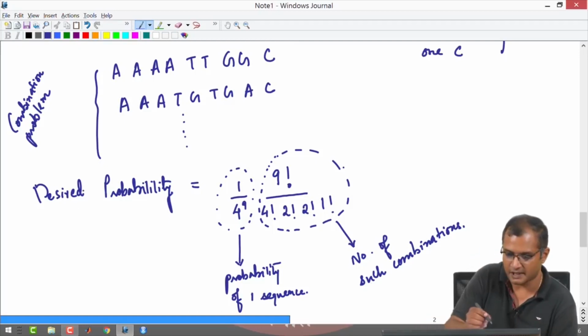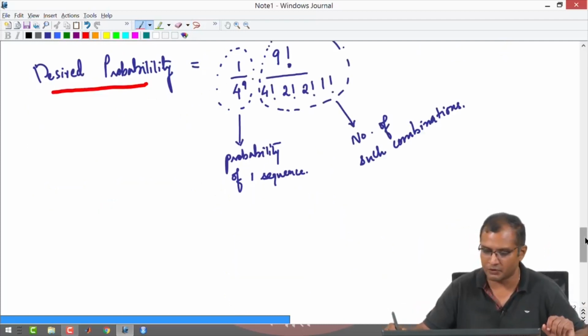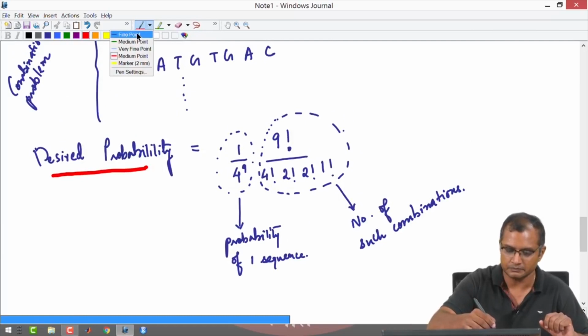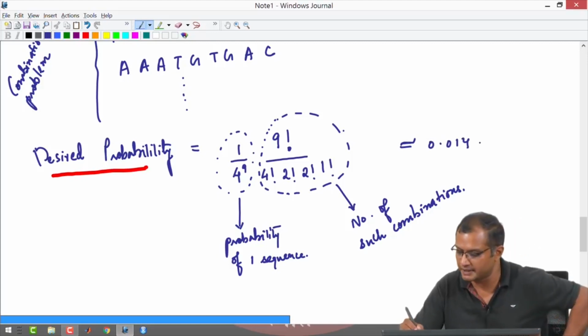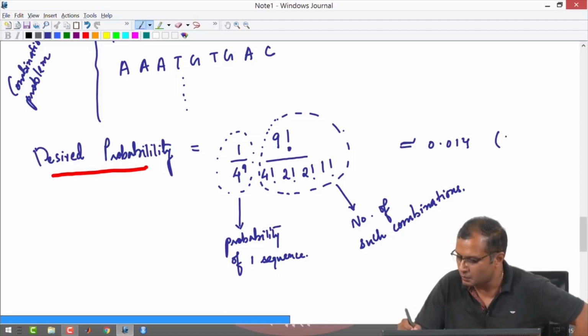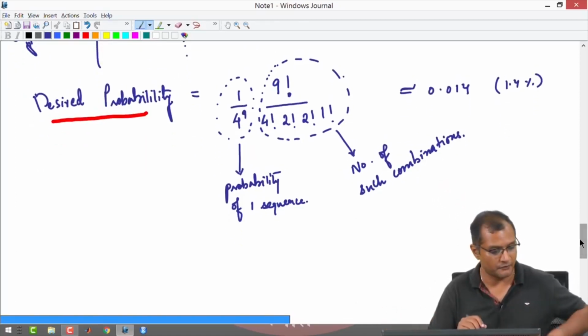That gives us the desired probability. Okay, that's your answer. If you work it out, it would come out to be around 0.014, which is like saying 1.4%. Okay, if you work it out.